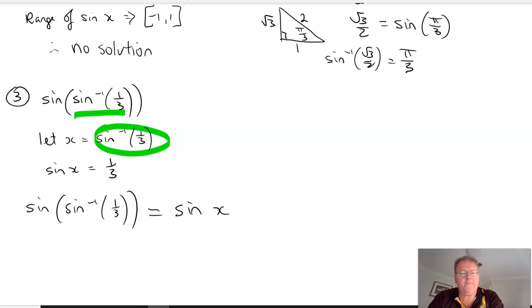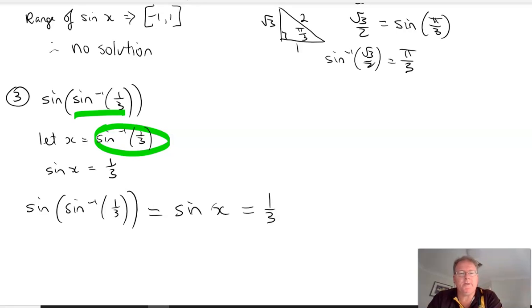Now just follow that flow. So looking at the original function, sine of sine minus 1 of a third, we've said let that inside equal x. So I've replaced what's inside the brackets with x. And we also have the situation where the sine of x is equal to a third. So that must be equal to 1/3. Okay, so there's our solution.